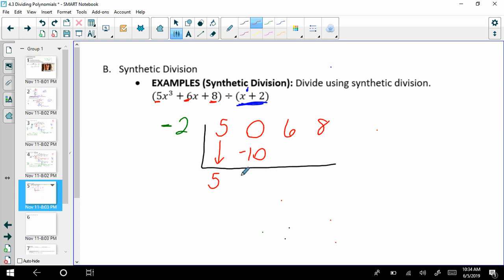0 plus -10, -10. Now we're going to multiply -10 times -2, 20. Now we're going to combine them, 26. Now I'm going to take 26 times -2, -52.